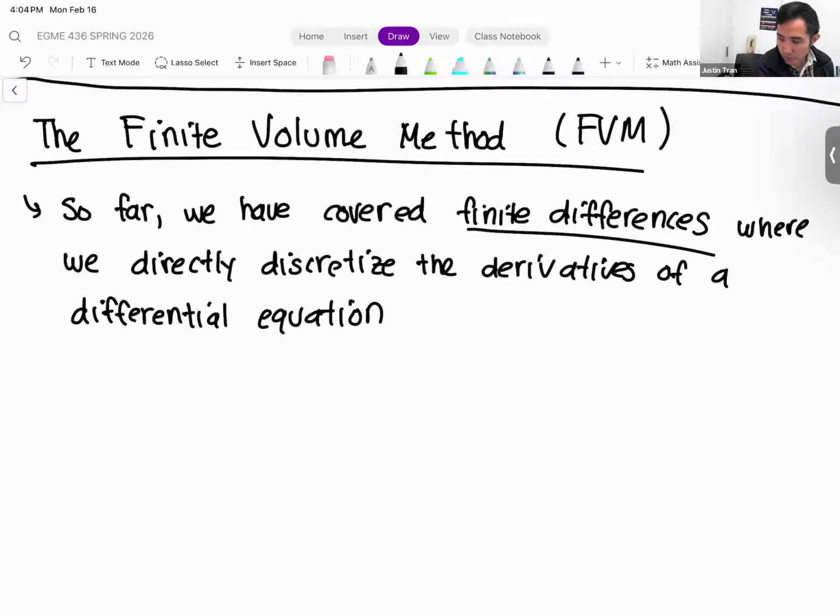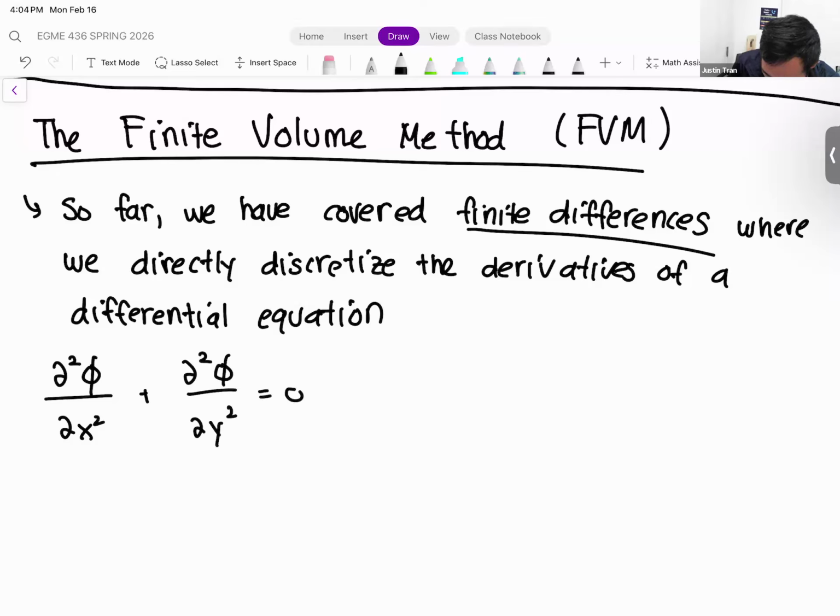So in some sense, finite differences is very straightforward: you have your differential equation, you basically just see a derivative and apply finite differences. For instance, for a general heat equation, you have partial squared phi partial x squared plus partial squared phi partial y squared is equal to 0. Let's say that's our differential equation.